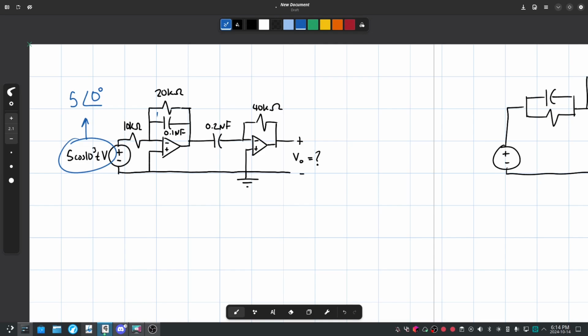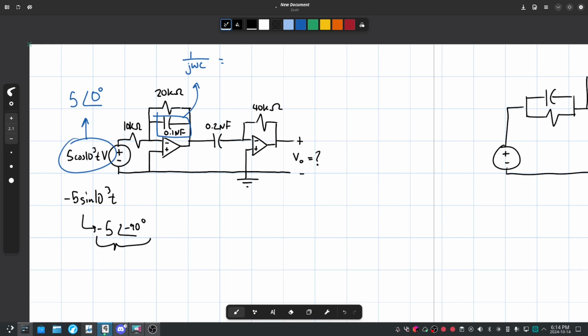With that, we know that this capacitor is going to turn into 1 over jwC. What if it was 5 sine? Yeah, if you had 5 sine 10 to the 3 t, that would just convert to 5 with a phasor of negative 90. If negative 5 sine, that would be the same thing, but if you put this into your calculator, I don't think it will let you.